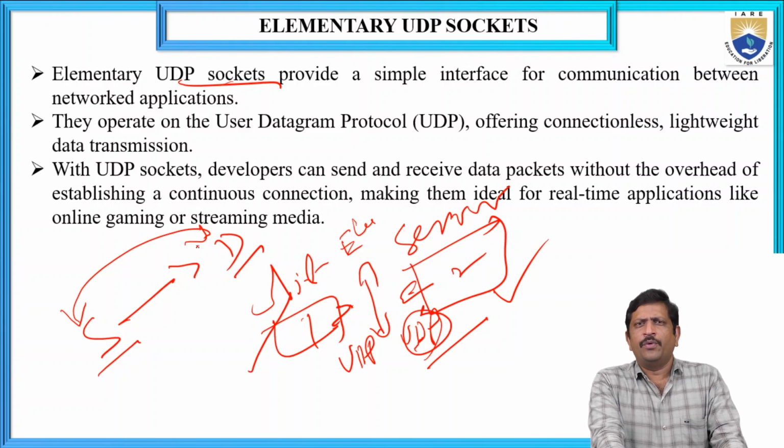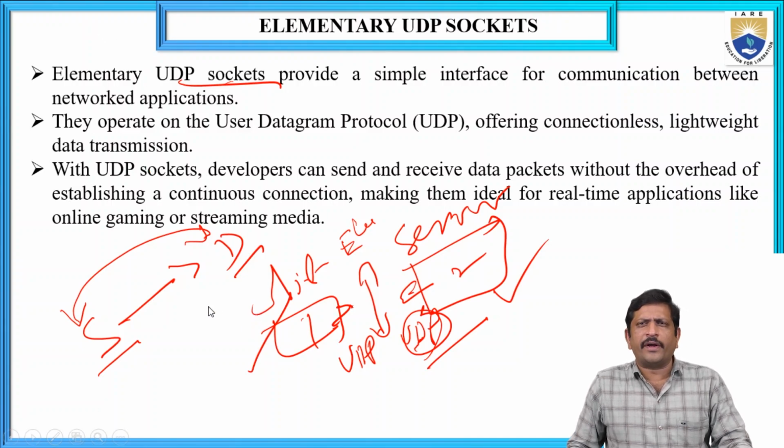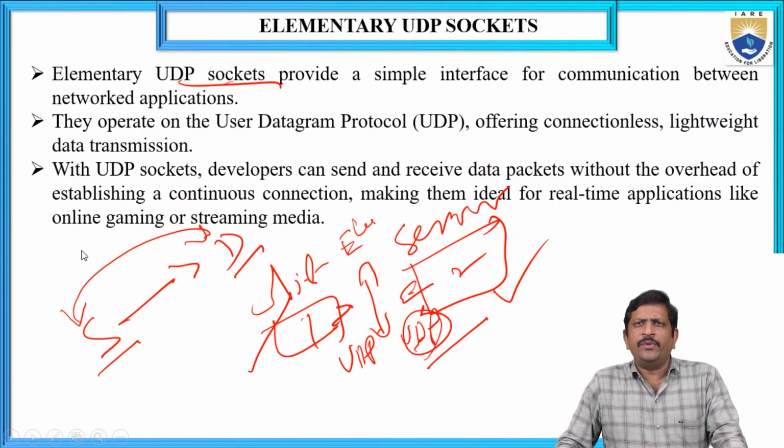With UDP sockets, developers building client-side or server-side applications can send and receive data packets without the overhead of establishing a continuous connection between the two devices over the same network.